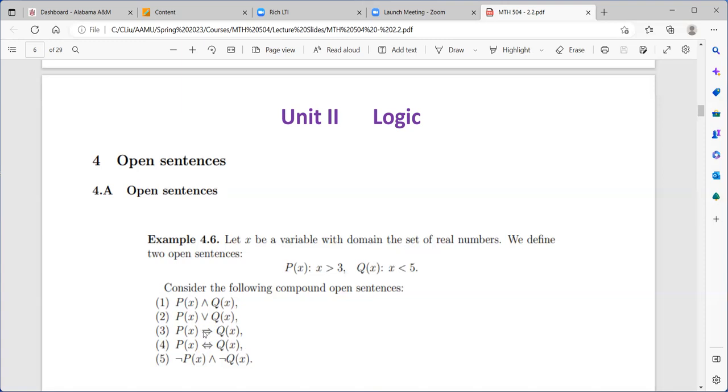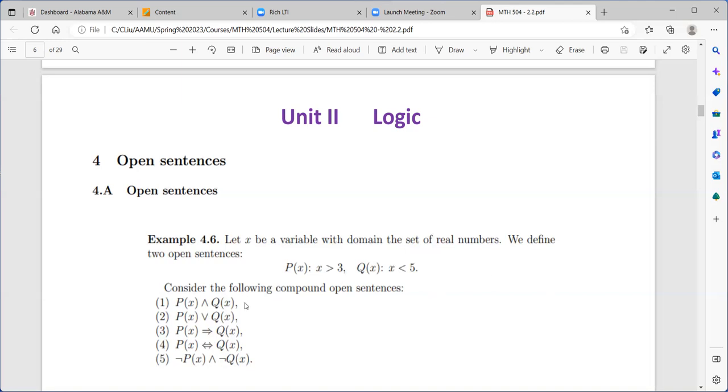And the last one is another compound open sentence with two operations, negation and conjunction of the two open sentences.